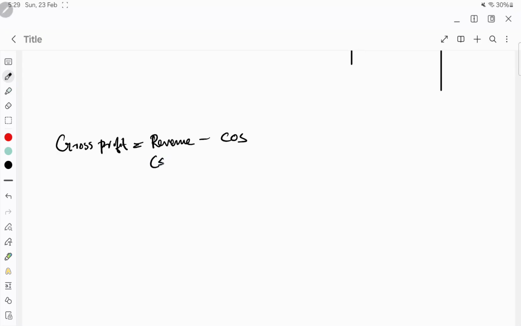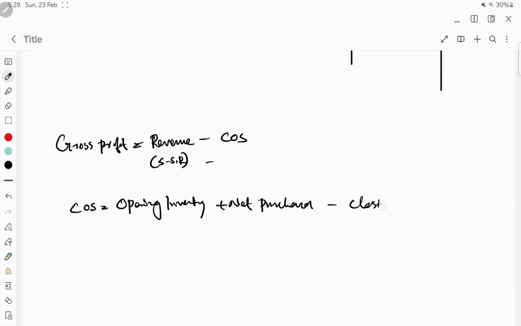Revenue is sales minus sales return. Cost of sales is equal to opening inventory plus net purchases minus closing inventory.